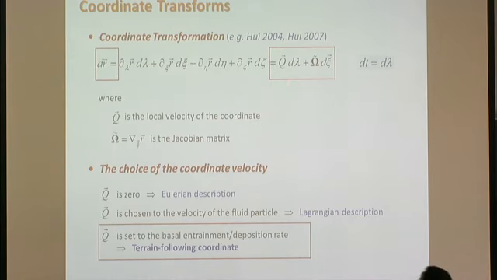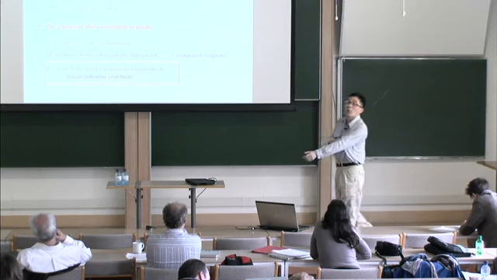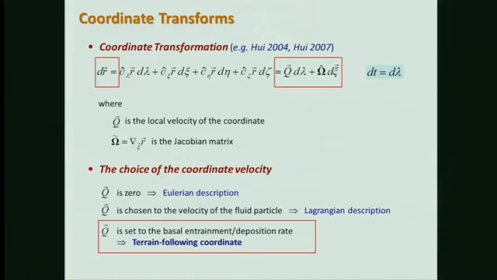The capital Q is the local velocity of the coordinate system, and omega is the Jacobian matrix.